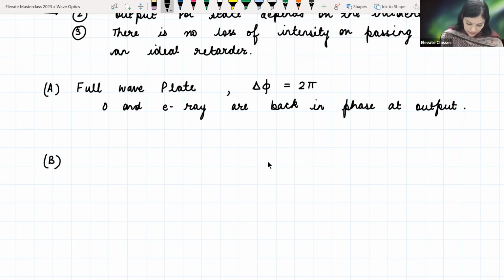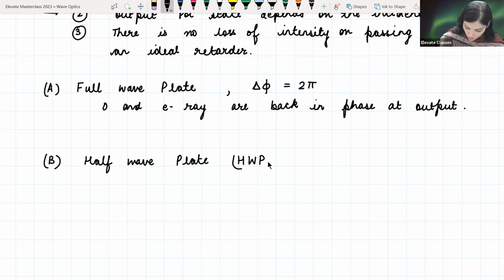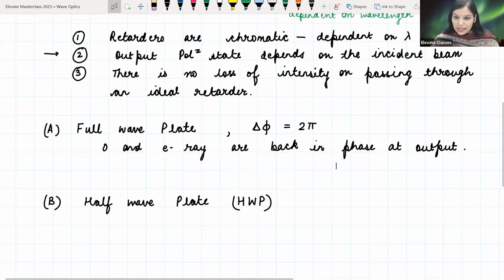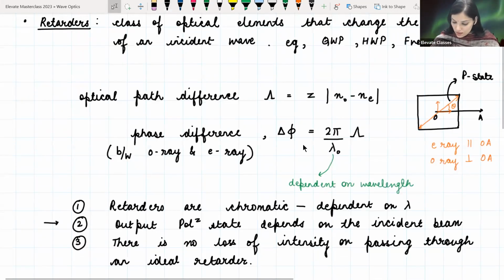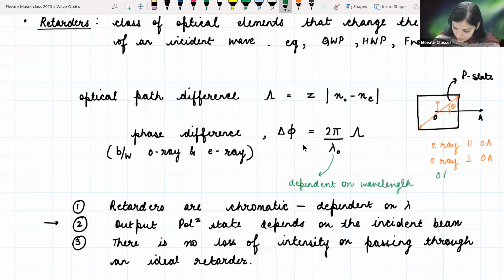So the second case is that we consider a half wave plate. This is written as HWP in short form. Okay, so one small thing which I want to write is the optic axis, OA.